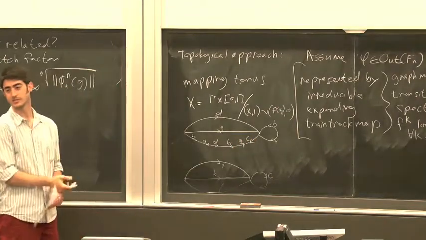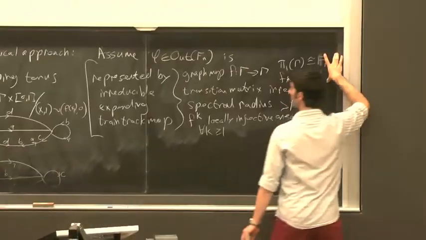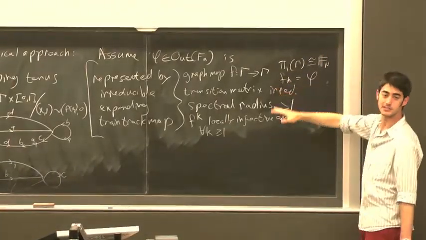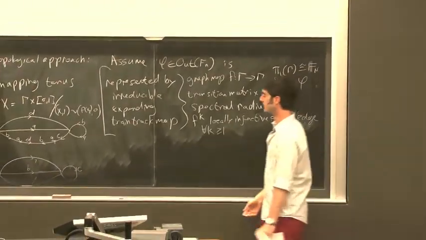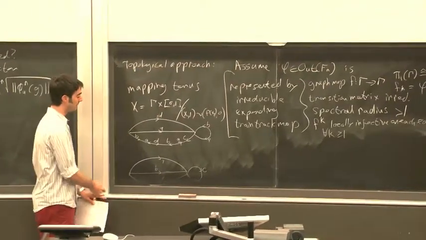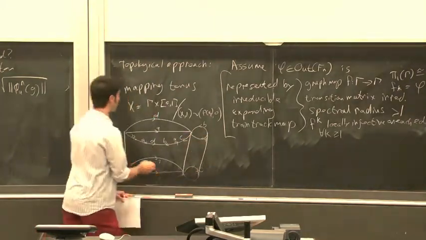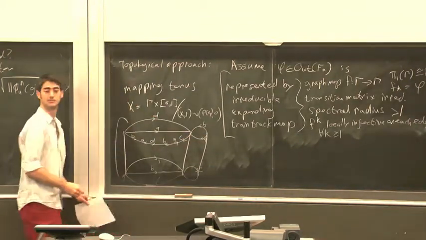So that's an example of such a graph map, and it turns out it satisfies these conditions if you wanted to work it out. It's a good exercise. Anyway, now we're going to build the mapping torus, which just means I take the product of this, and then I glue the top to the bottom.